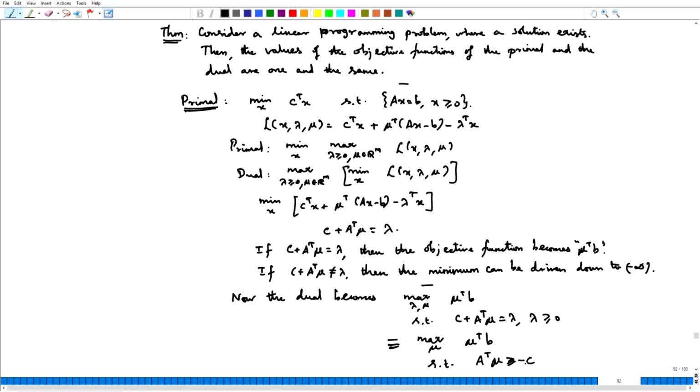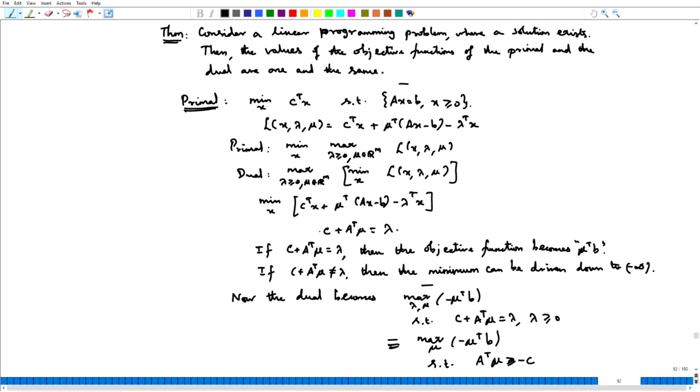There were a few errors that I would like to correct from where we ended up. When we write mu transpose (Ax minus b), we would actually get minus mu transpose b and not mu transpose b. If you recall, we are minimizing c transpose x plus mu transpose (Ax minus b) minus lambda transpose x. If you differentiate this with respect to x, you get c plus A transpose mu equal to lambda.